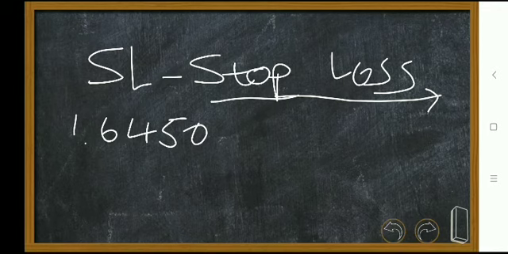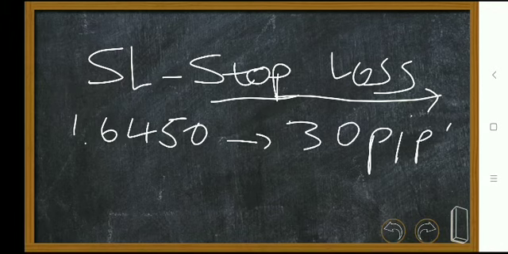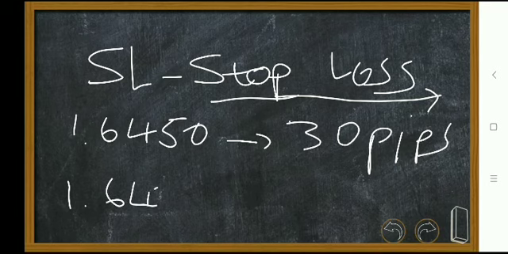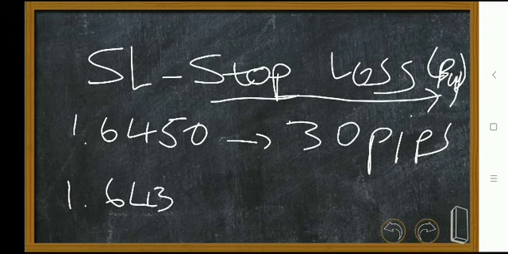The trade is going to close automatically in that loss. But then it has saved you from losing more. Let's say you set a stop loss of about 30 pips. That means the price for your stop loss, for a buy, will be lower than 1.6450. That's 30 pips down.